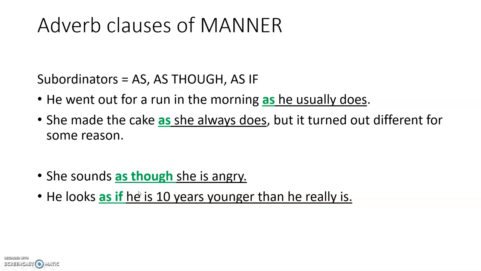Maybe she is, maybe she isn't, but that's the way it sounds to me. That's my impression. He looks as if he's 10 years younger than he really is. Okay, so maybe I know that he's 60, but he really looks like he's 50. That's what I'm trying to say, is that the reality looks different from the impression.